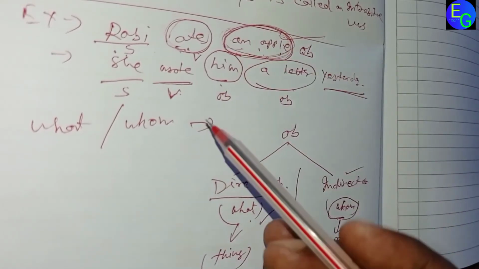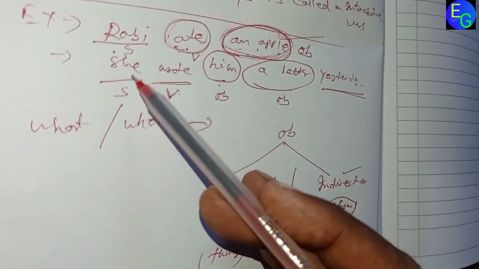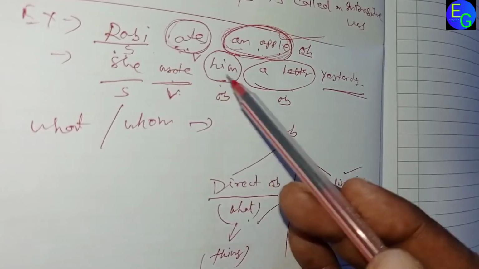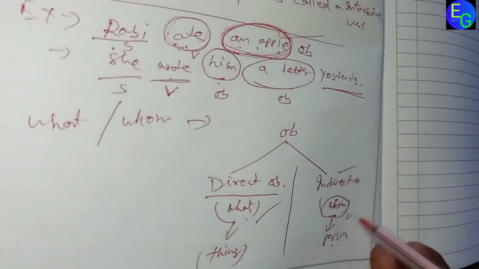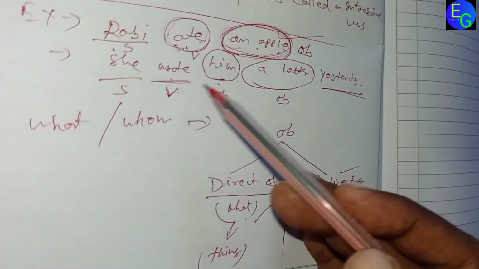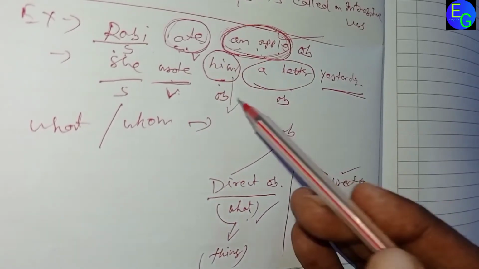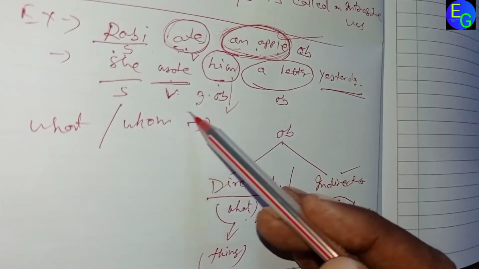Similarly, she wrote him. She wrote whom? If I put a question like whom, the answer is him. Him is a person. Remember, it is an indirect object.